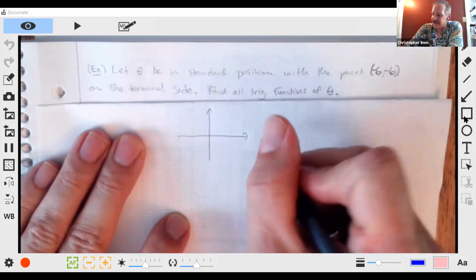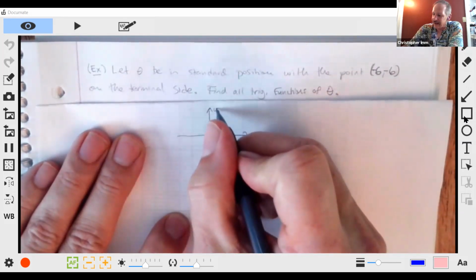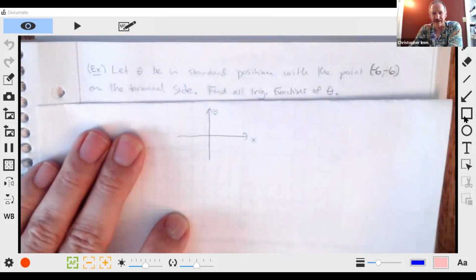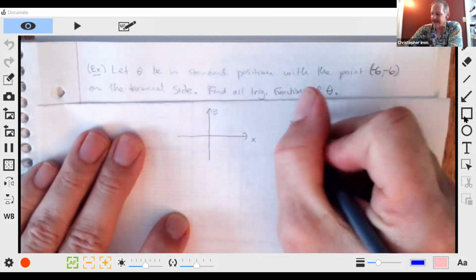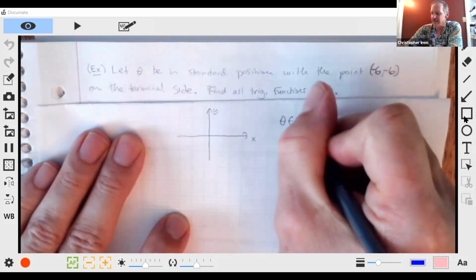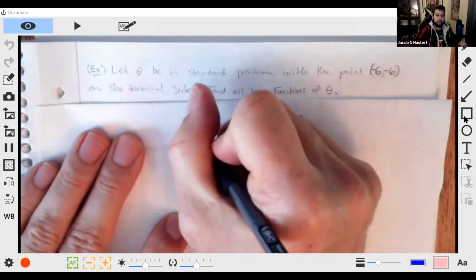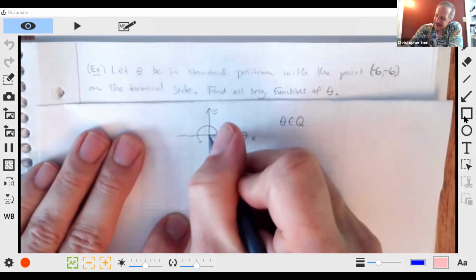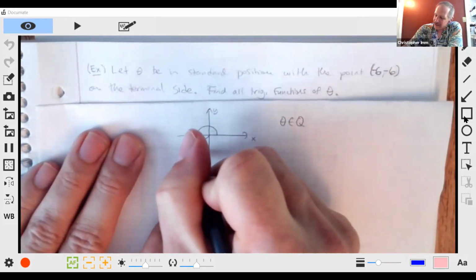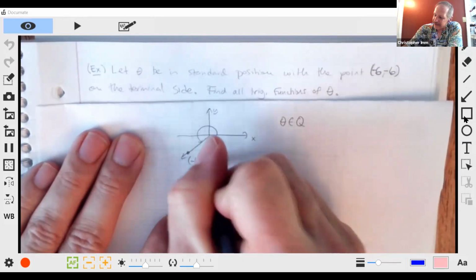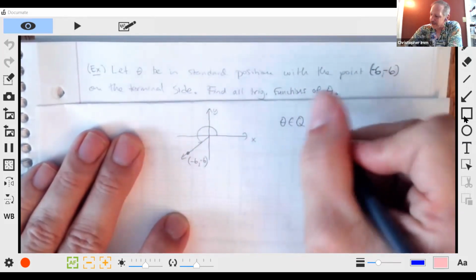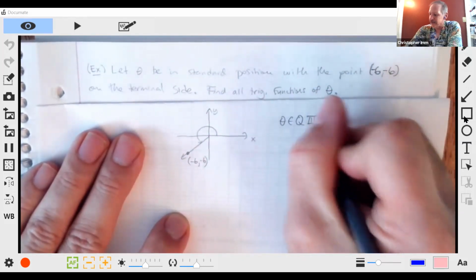If it's in standard position and the terminal side has the point -6, -6, theta is in quadrant blank. 3. Excellent. Nice job. So here's our angle, and somewhere at -6, -6 is where our angle terminates.